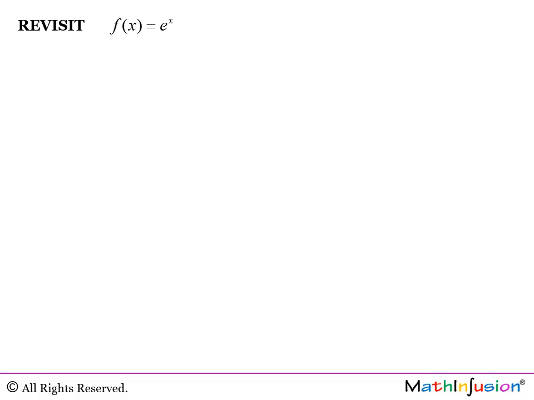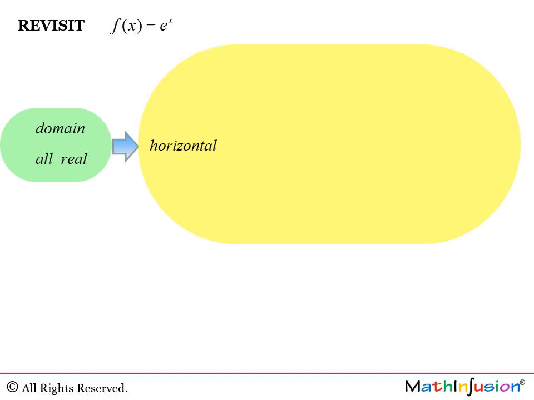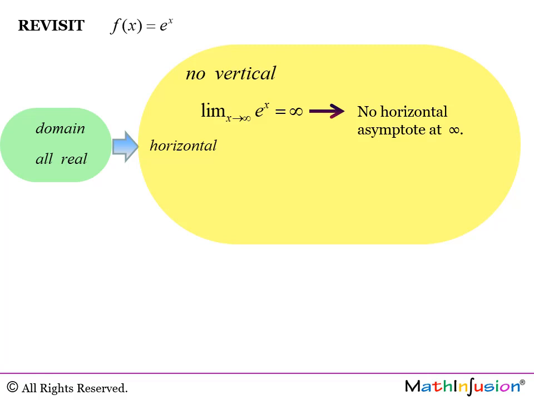Let's now revisit the function f(x) equals e to the x and apply the chart. The domain is all real numbers. That's why there are no vertical asymptotes. What about the horizontal asymptotes? The limit of e to the x when x approaches infinity is infinity. It means that at infinity there is no horizontal asymptote.